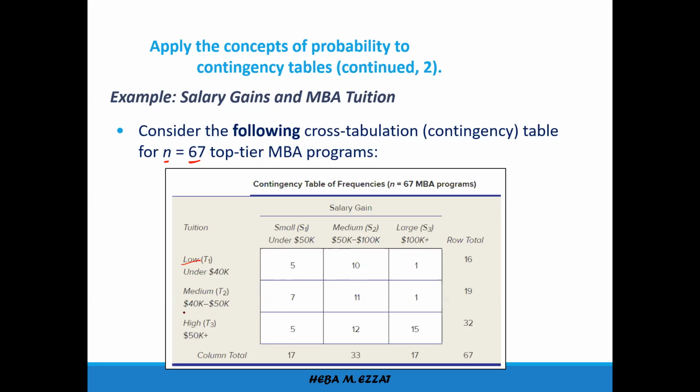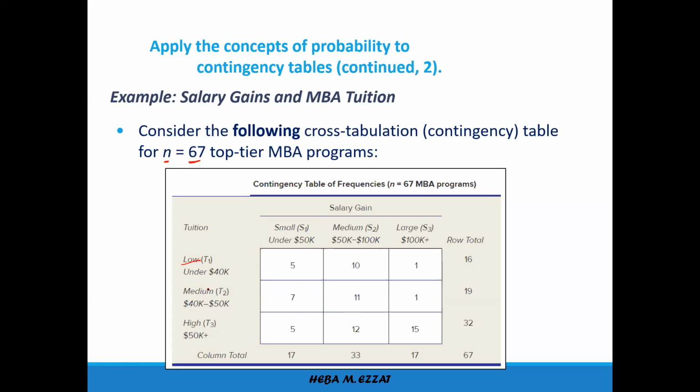If there is some accreditation to the program, but it's still not validated by an international partner, the tuition fee is between 40 and 50, and what would be the effect on their salaries, and so on.